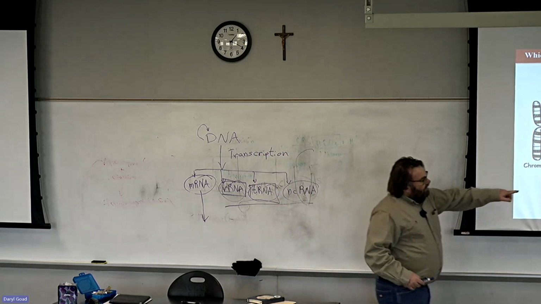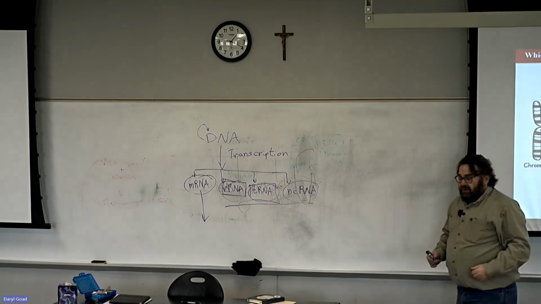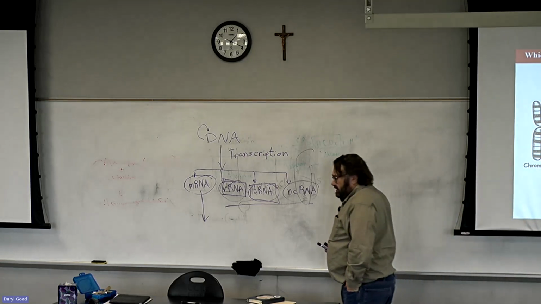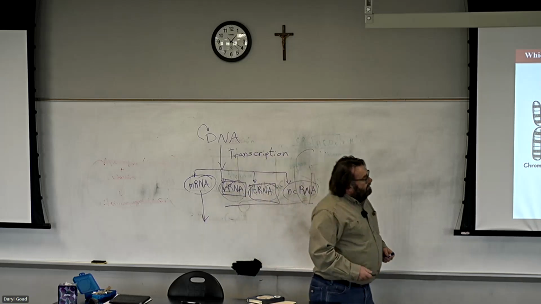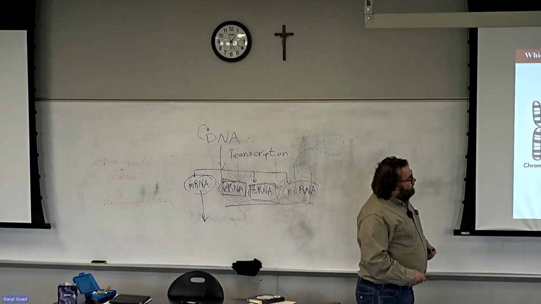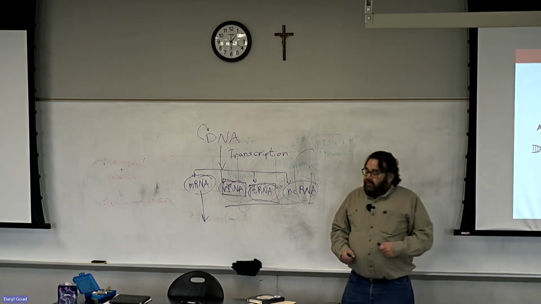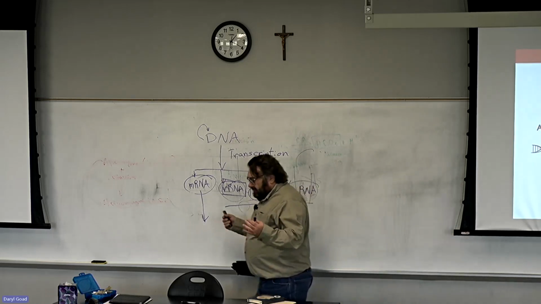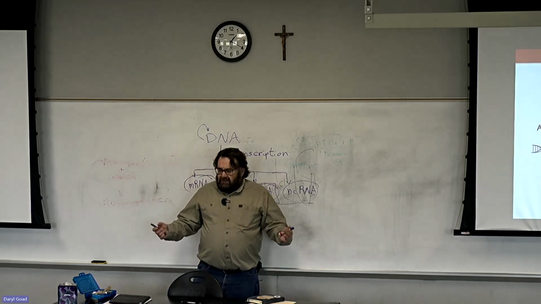So I want to find where rhodopsin is on this 220 million base pair long chromosome, right? So how do I do that? The other thing I want to do is, once I find this rhodopsin, I want to be able to translate, to understand it.